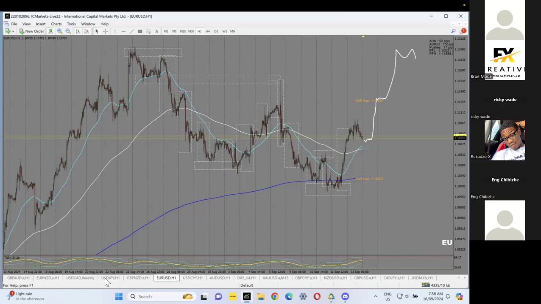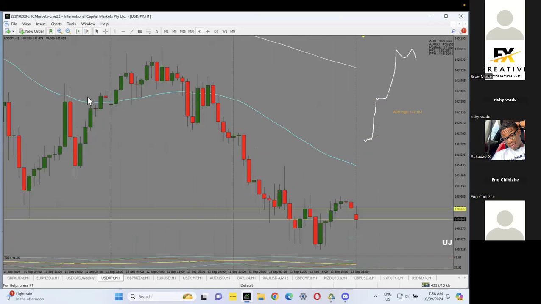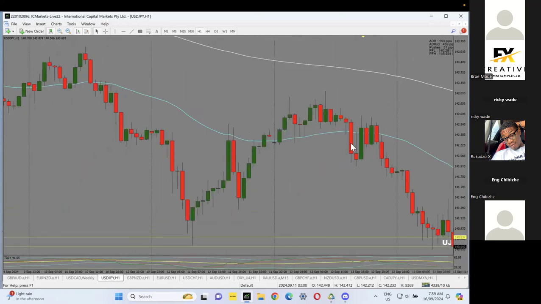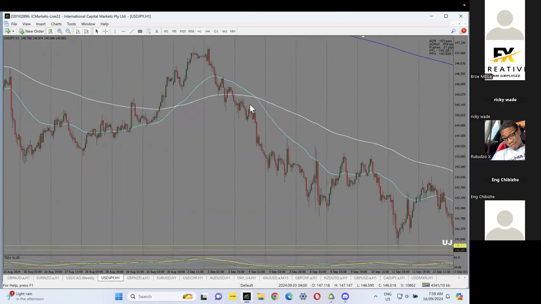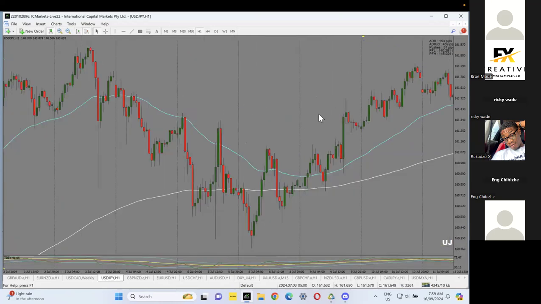I wanted to show you before we close one last interesting thing that happened in the market. I'm pretty sure some of you can remember it. Look at this. I want you to see how this candle is.